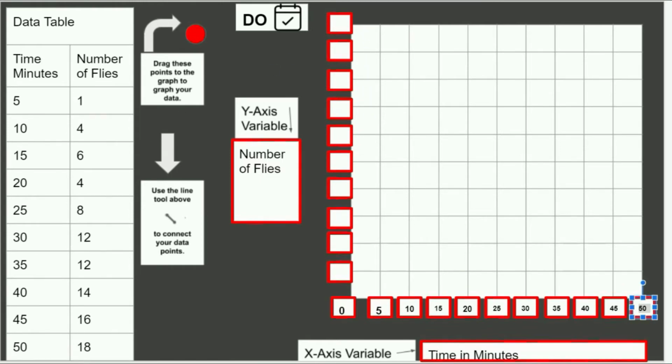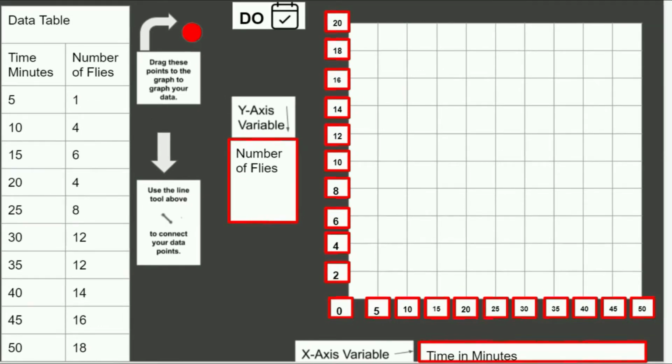So I'm going to take 18 divided by 10, and that gives me 1.8. It's going to be really hard to count by 1.8. So I'm going to choose a number that is above 1.8 and easy to count by. In this case, that would be 2. So I'm going to count by 2's moving up this axis. In this box, I'm going to have 2. If I count by 2's, my next box would be 4.